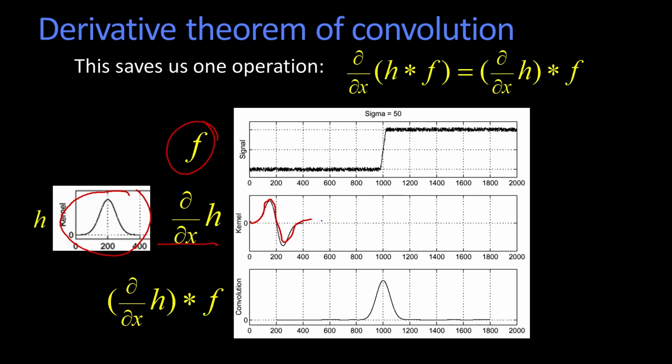When I apply that function directly to F, I get out the same value that I got out last time, which has to be because of the associative property of linear operators, with derivatives and filtering being these linear operators. That also saves us an operation because we can just take this filter and apply it and no more derivatives have to be done.